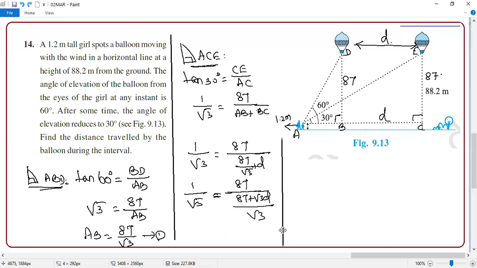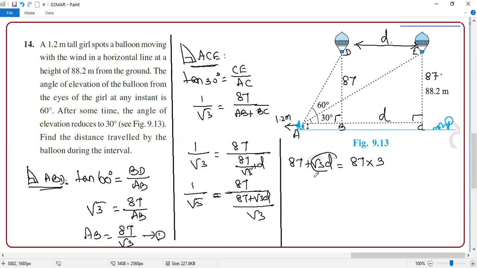No, right? So guys, now duty is cross multiply. Very simple, cross multiplication. Okay, you can bring this guy to here, this guy to here, no problem. So finally, 87 plus root 3 D. This root 3 already here, and this root 3 will go. So finally, 87 into 3 will be that side.